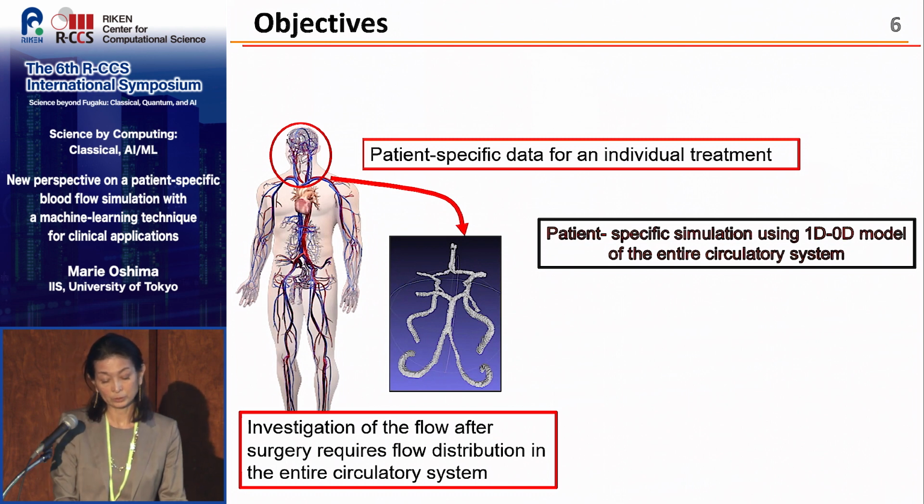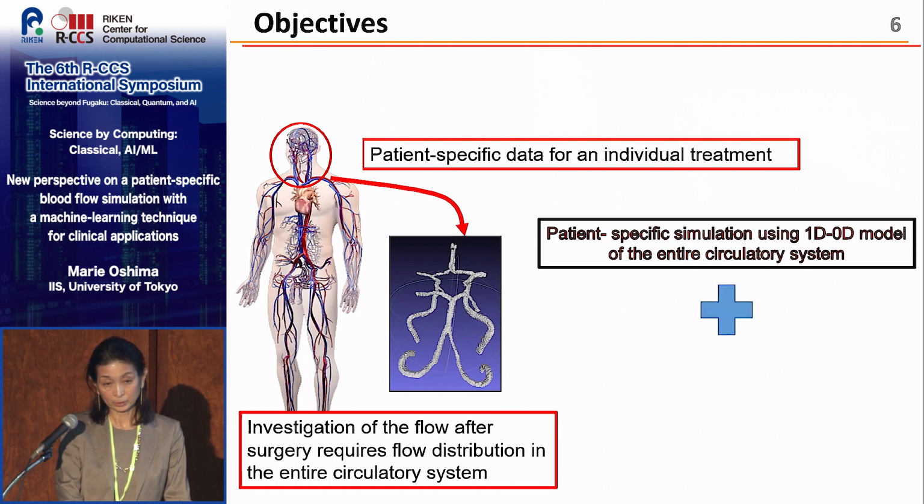So we need to have an entire circulatory system, and that is a very large simulation, and that would be very difficult to conduct. So that's why we use a 1D, 0D simulation, which is a reduced order model, to conduct a simulation for the entire circulatory system.